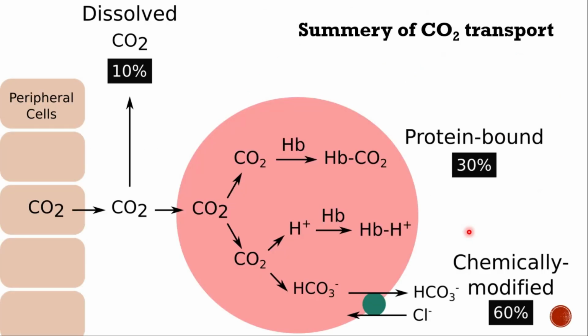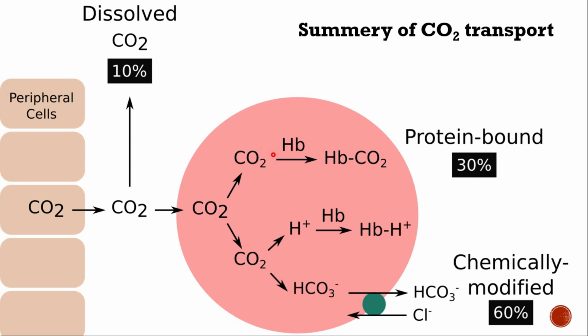This is the summary of carbon dioxide transport. If we start from peripheral cells, we can observe that carbon dioxide is generated in muscles, tissues, and as a result of other metabolic processes. This carbon dioxide enters the blood plasma, where almost 10% of it is dissolved directly into the plasma without the help of any chemical or hemoglobin, while the remaining carbon dioxide enters the red blood cells, where it takes two ways.